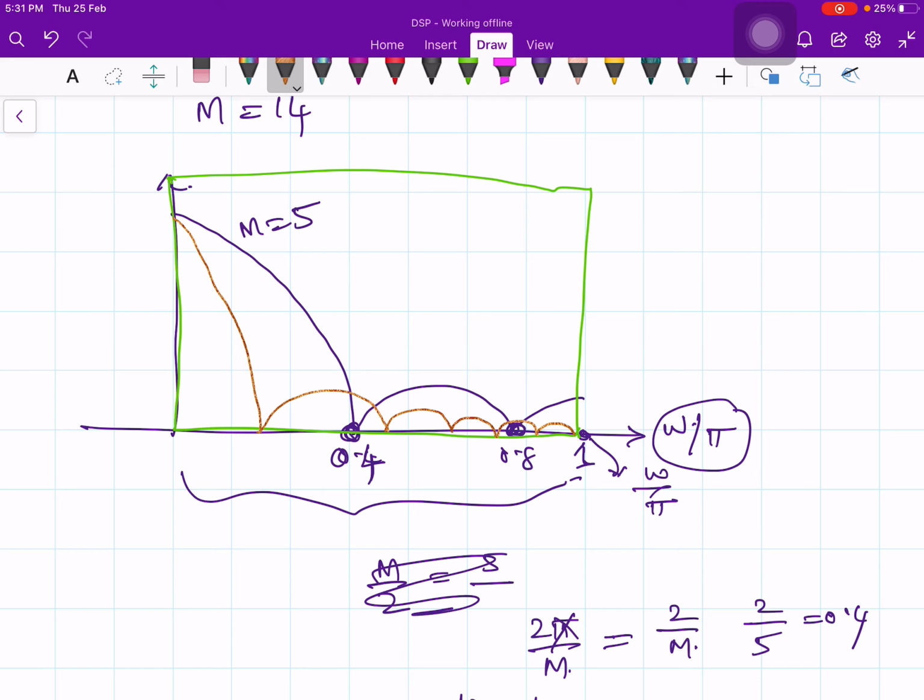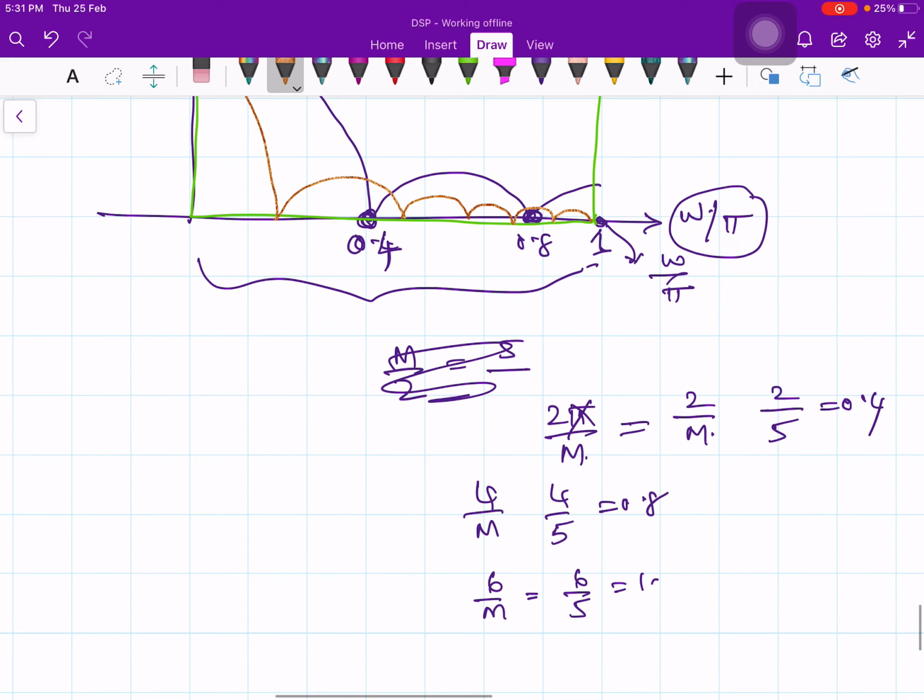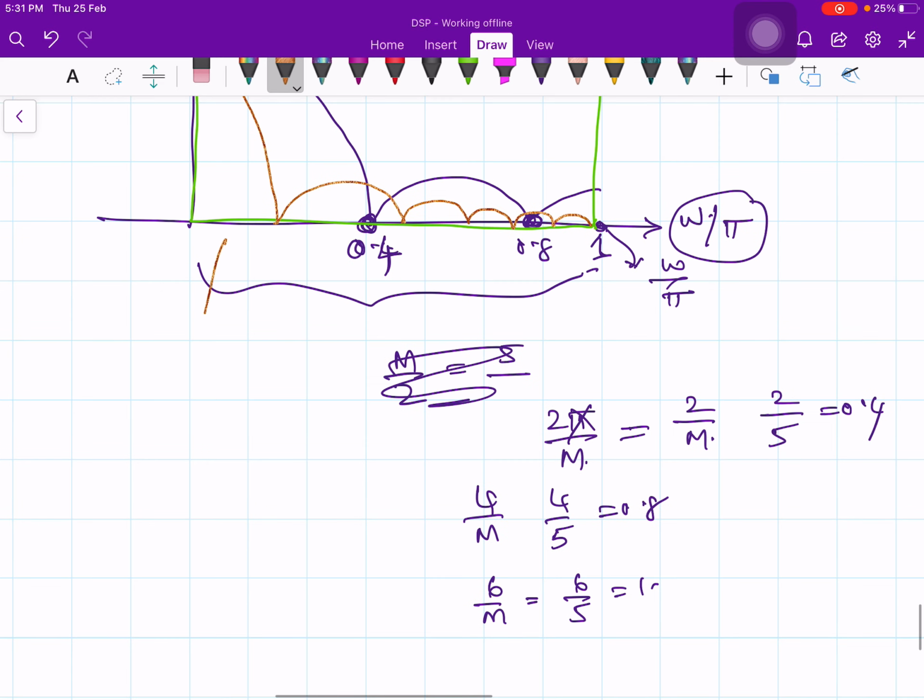You can calculate and check it out. And here the ordinate is not omega, it is normalized. The x axis here is omega by pi. So the first zero crossing occurs at 0.4, the next transition occurs at 0.8.